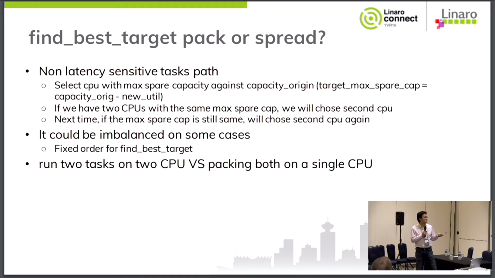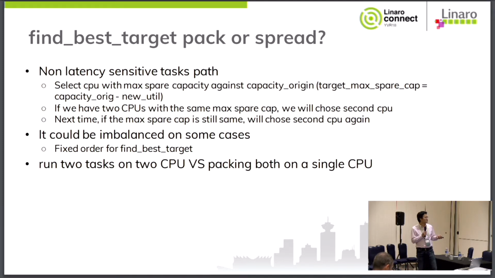The max spare capacity means original capacity minus new util. For a boosted task, new util will select the max value of the boosted task utilization or the current CPU utilization plus task utilization.